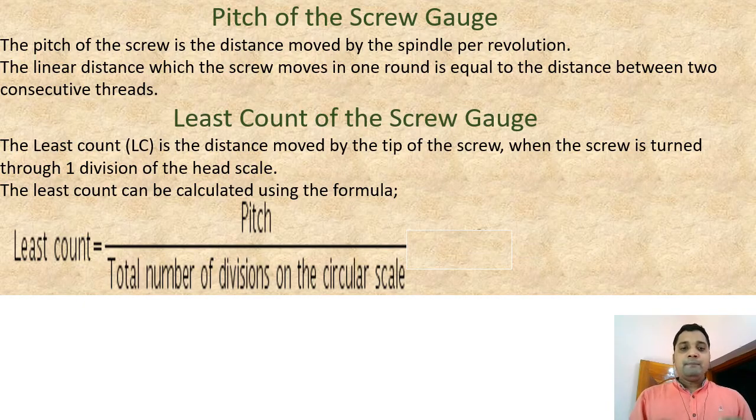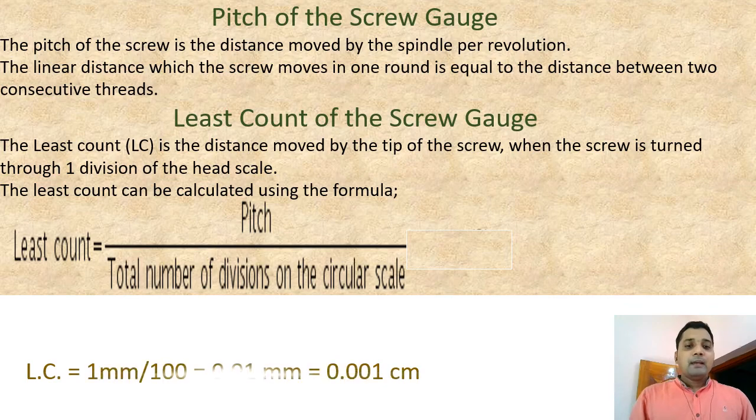Most of the time the pitch is 1 mm and the total number of lines in the circular scale is 100, then 1 by 100 equals 0.01 mm. If it is 50, then it is 1 by 50 mm, or we can convert this to cm. Normally we have 100 divisions in the circular scale, so LC is 1 mm by 100, equal to 0.01 mm or 0.001 cm.